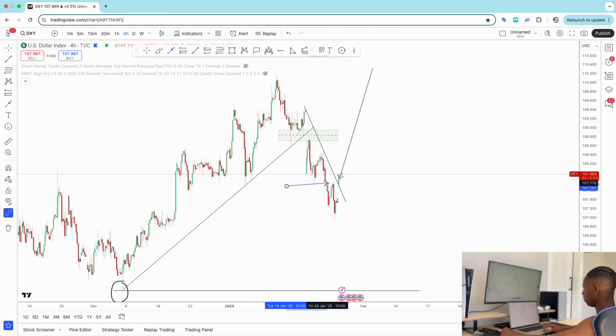And yes, it did respect, but now price jumped here and broke above here. So we'll be observing if this is actually a breakout, because if it is, it means that price is now going to be moving upwards, which automatically means that with gold we're going to be selling.